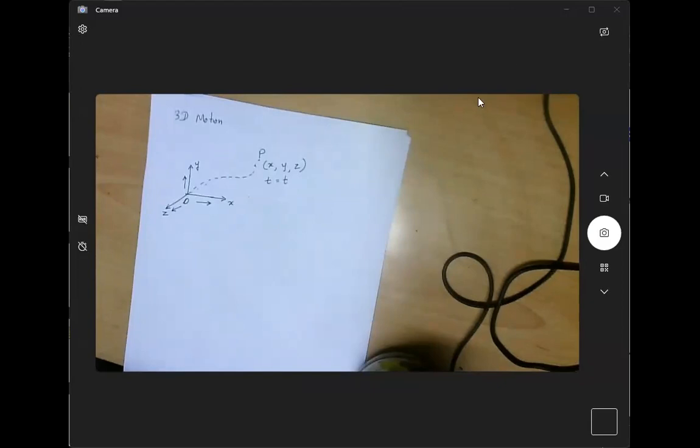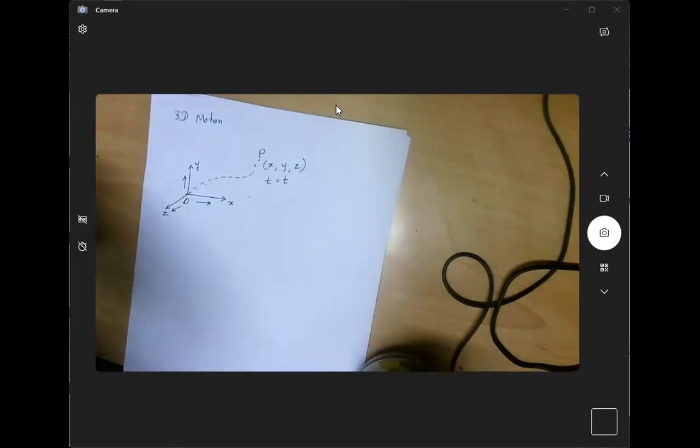Can you hear me? Unit vector is a vector with a magnitude of 1.